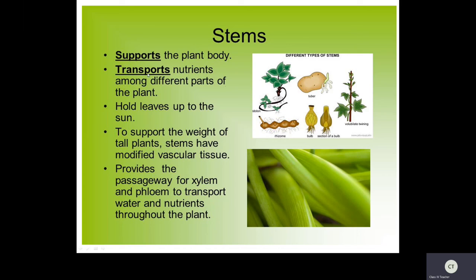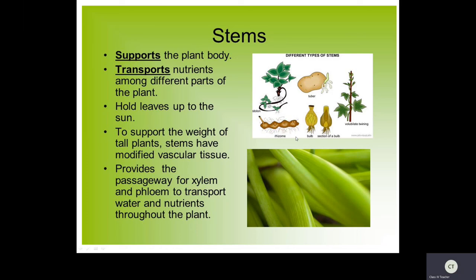Stem. And also transportation of nutrients among the different parts of the plant, right children? So this stem holds up the leaves to the sun. So who is holding these leaves? Stem. So these are the examples and also functions of the stems.